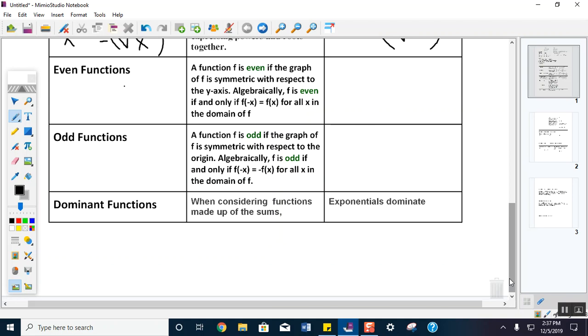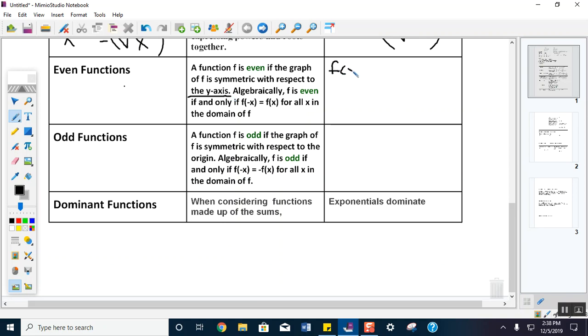All right, even functions. Let's talk about even functions. It says a function f is even if the graph of f is symmetric with respect to what? You might want to underline that, okay? It's going to be even if it's symmetric with the y-axis. It says algebraically, f is even if and only if f of negative x equals f of x for all x in the domain of f. What this is really saying, I'm just going to pick on f of x equals x squared.